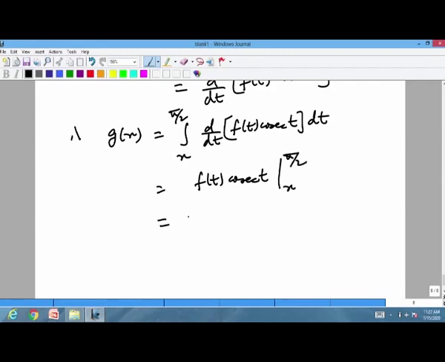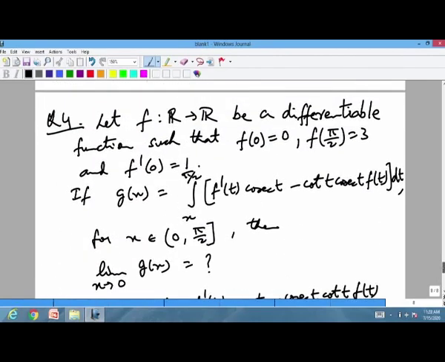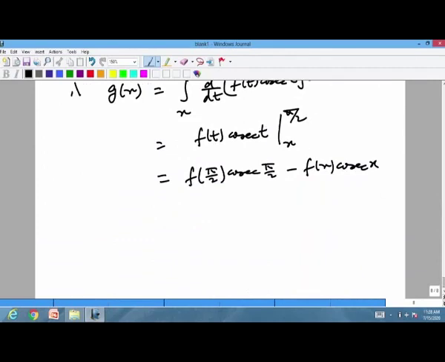So, that is equal to f of pi by 2 times cosec pi by 2 minus f of x cosec x. Now, f of pi by 2 was given to us, f of pi by 2 is equal to 3, and cosec pi by 2 is 1. So, this is 3 minus f x cosec x.